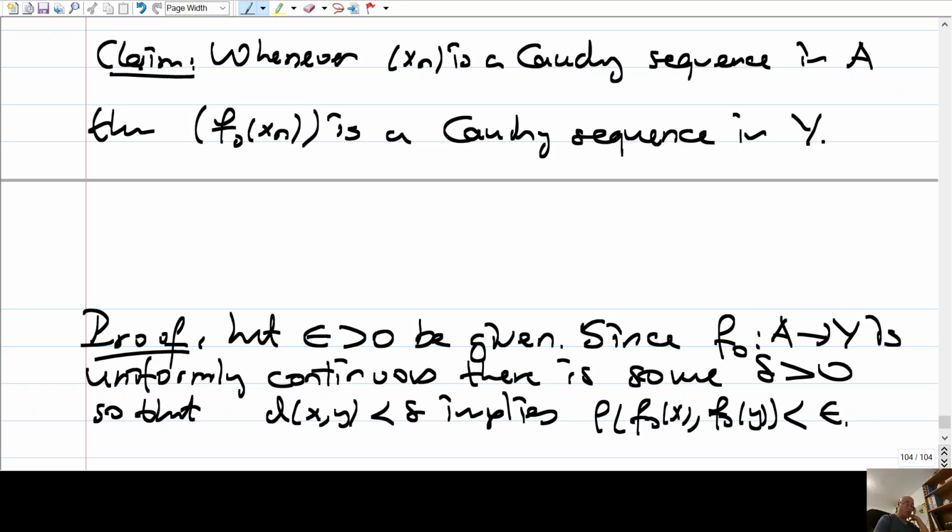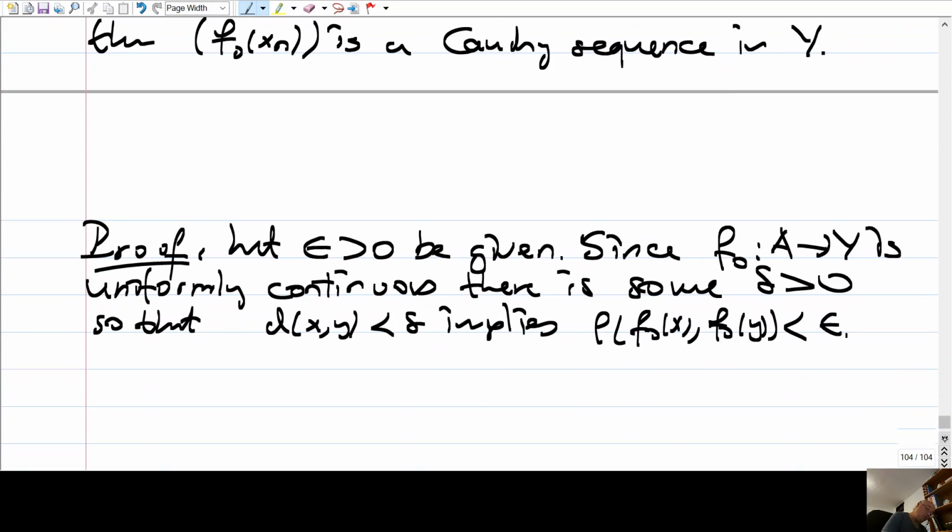This is the definition of being uniformly continuous.